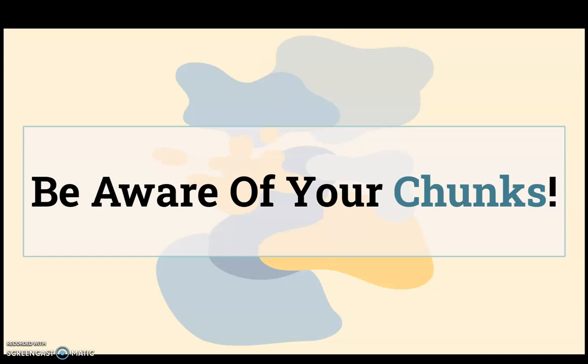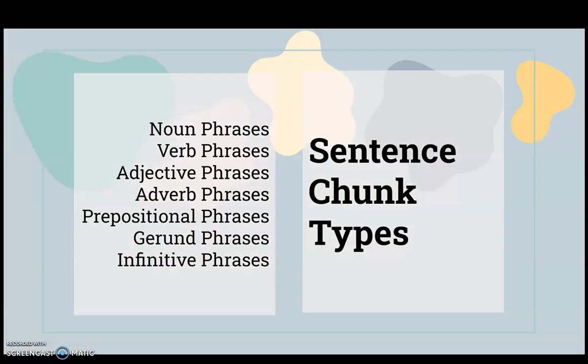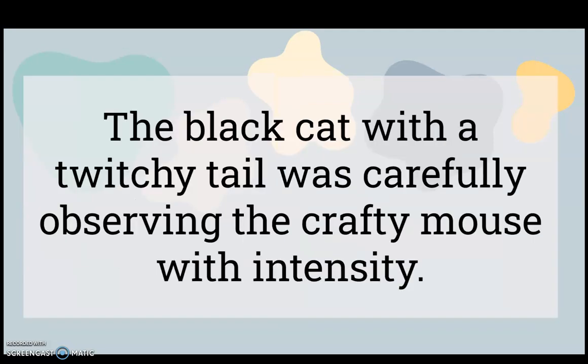There are a lot of different types of phrases in English. This is actually not even a complete list, but that's what we're going to take a quick look at. So let's look at a sentence.